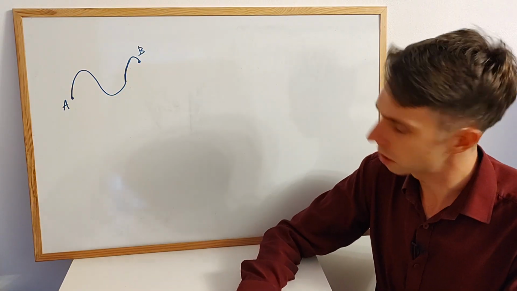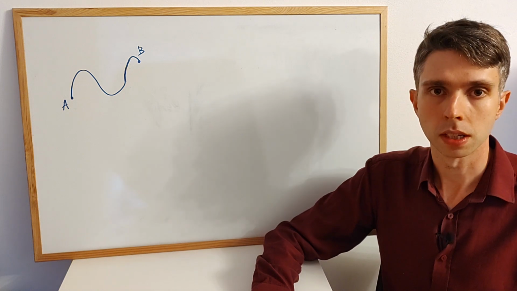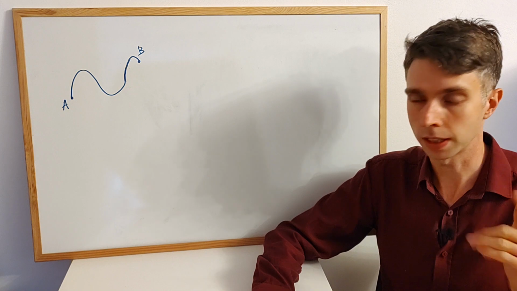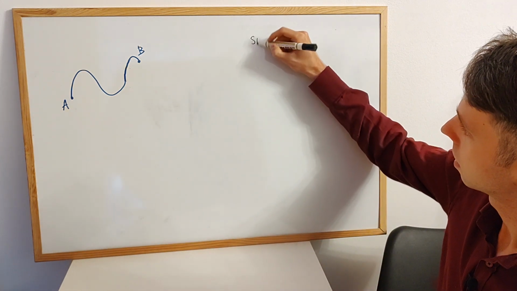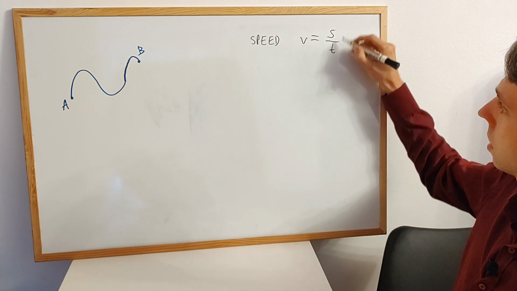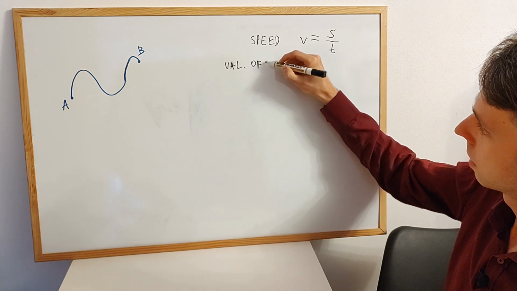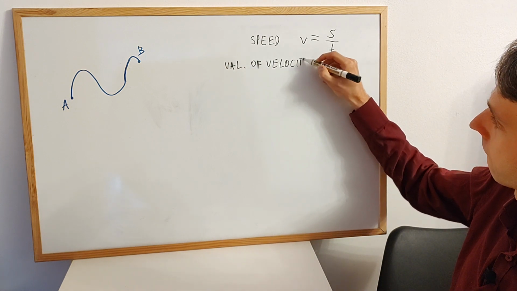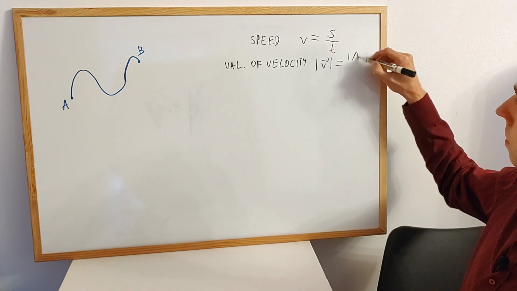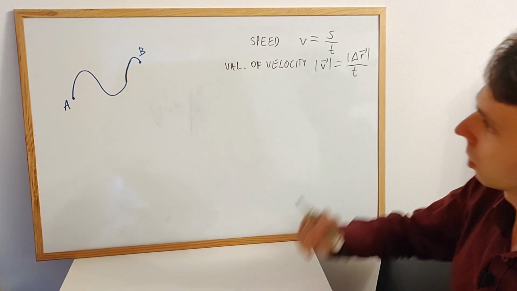I think I should stress one thing about this difference between speed and average value of velocity. So again, speed v is distance over time, and value of velocity, value of vector v, is value of displacement, change in position over time.